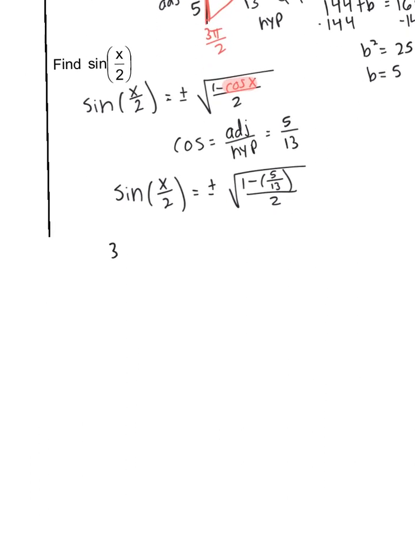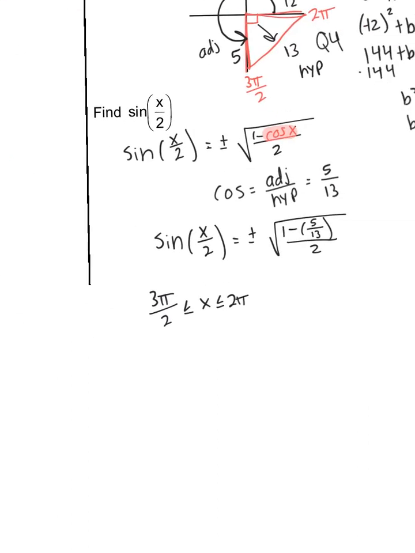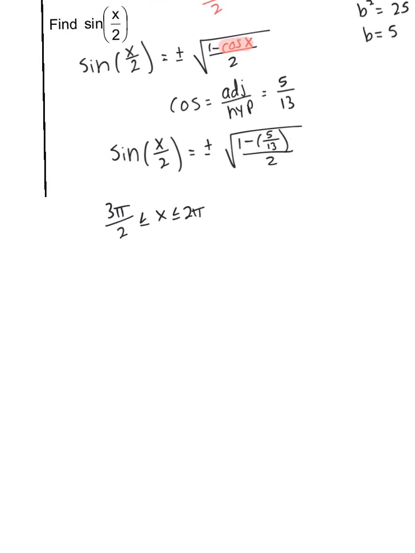Since I'm doing a half angle problem, I have to multiply those boundaries by 1/2. You do not have to do this when you're doing double angle. So like for question 3, when it had the 2x, you don't have to do it for those. You only have to do it for the 1/2. Because you need to figure out if you're going to take the plus or the minus sign in front of your formula based on what quadrant your angle sits in.